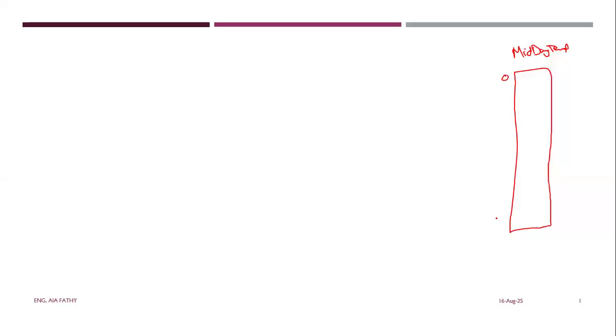as we said, we will use an array. This array is a one-dimensional array. Let's do it for the first one, which is, for example, midday temp. You will input the temperature in the midday temp, and you have from 0 to 29.